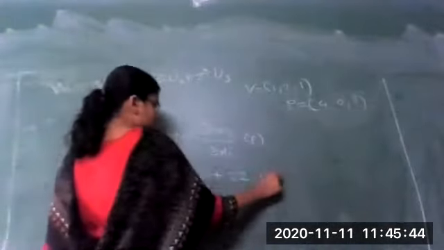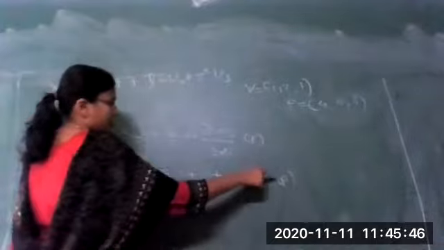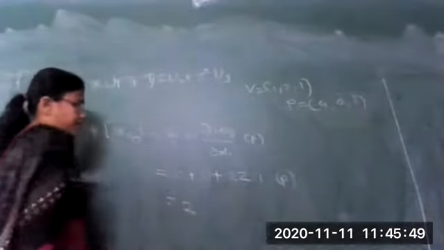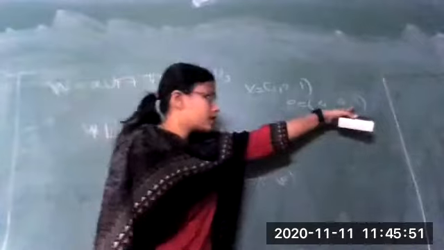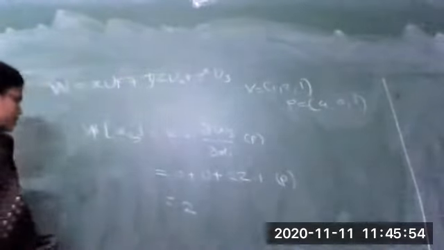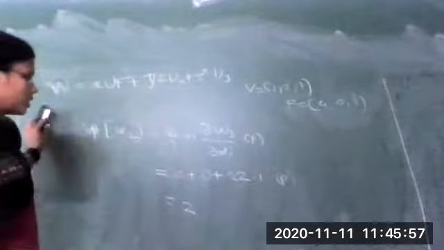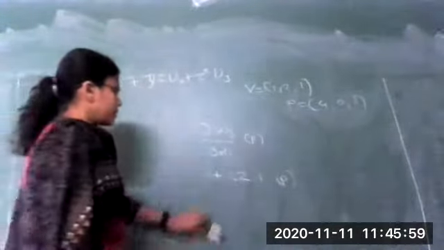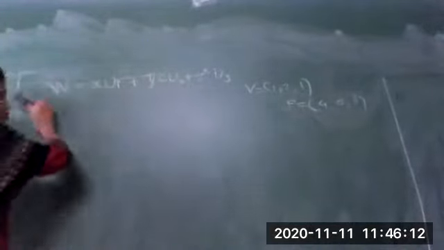We have V_P W1 is 1, V_P W2 is 2, V_P W3 is 2. If you go back, in the earlier example we also got 1, 2, 2. These are nothing but the directional derivatives of those functions W_i.